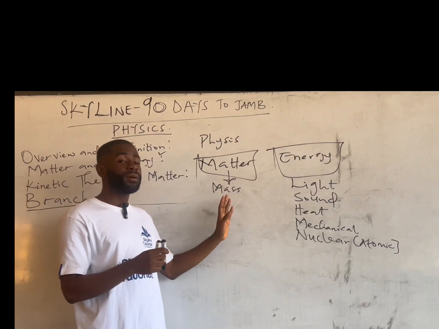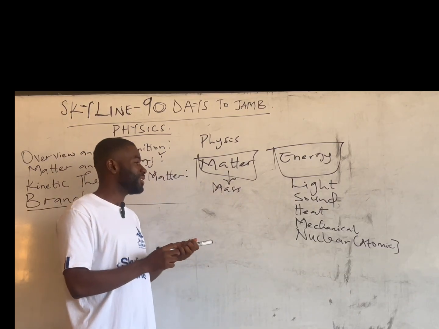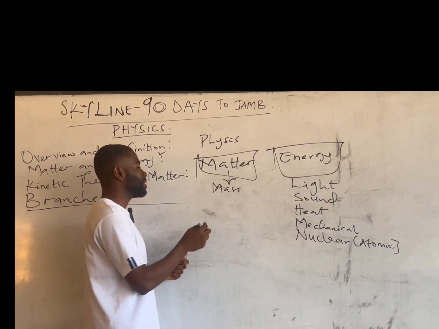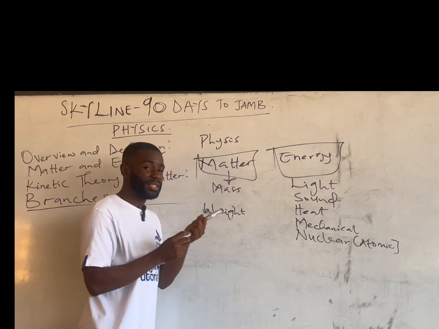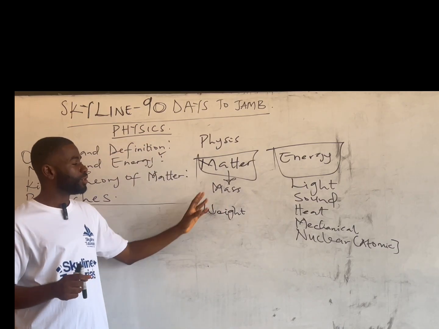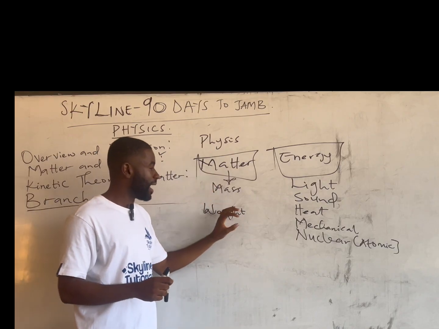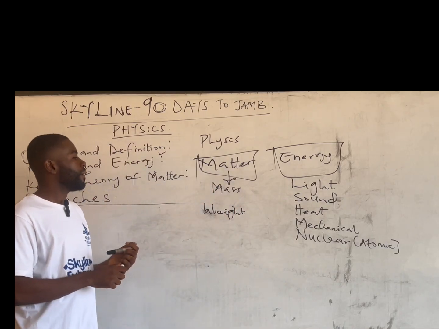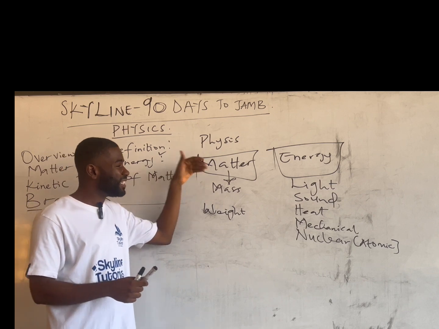Usually the word mass is often intertwined or confused with weight, but there is a good and clear disparity between these two terms. So let's look at the difference between mass and weight. Mass is simply the quantity of matter contained in a body.